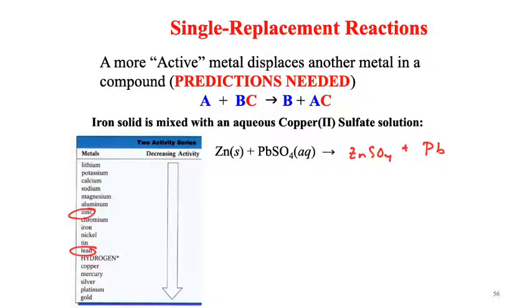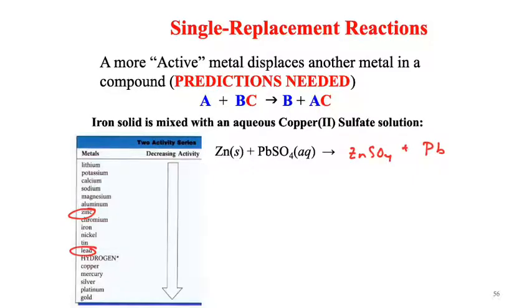So now I have to be able to interpret what this means. Okay? The higher up on the activity series, the more active you are. This is bad mojo, but just work with me. If you were more active as a person, how would you describe those encounters?